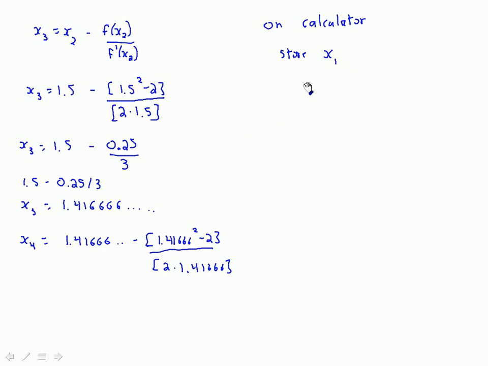Everything that's in that turquoise color is a memory. And most of them you access by pressing alpha to get into the alpha mode. But what I'm going to do, just to save a few keystrokes, is enter it into my X memory. So I take the number 1, which is our original attempt, and I press store.